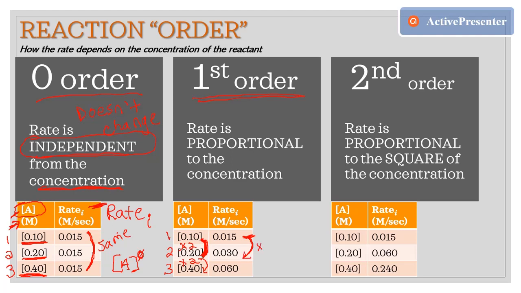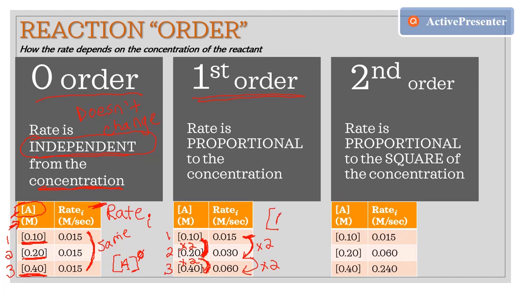So that also doubled. Between experiments 2 and 3, we doubled the concentration again, from 0.20 molarity to 0.40 molarity, and the initial rate went from 0.030 to 0.060. So that also doubled. When we doubled the concentration, we also doubled the initial rate. So that's called first order.